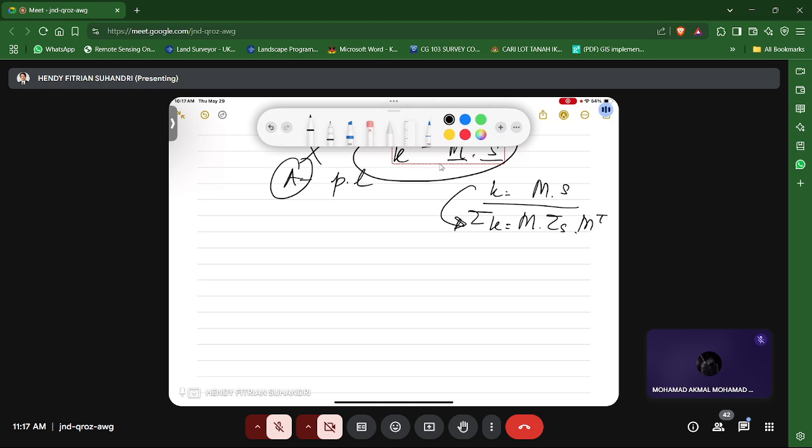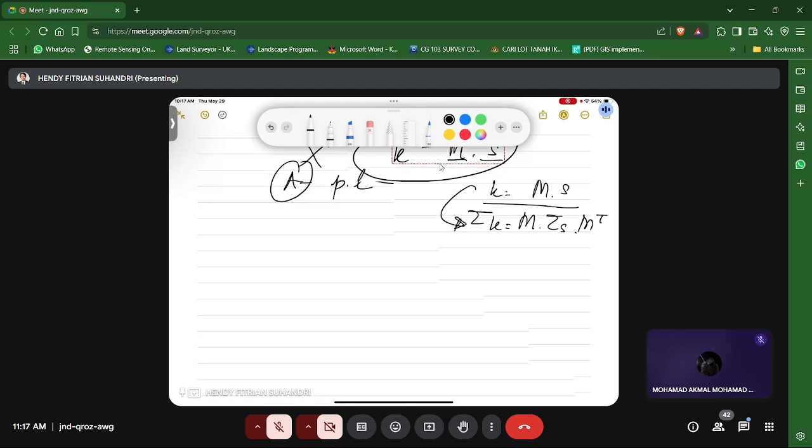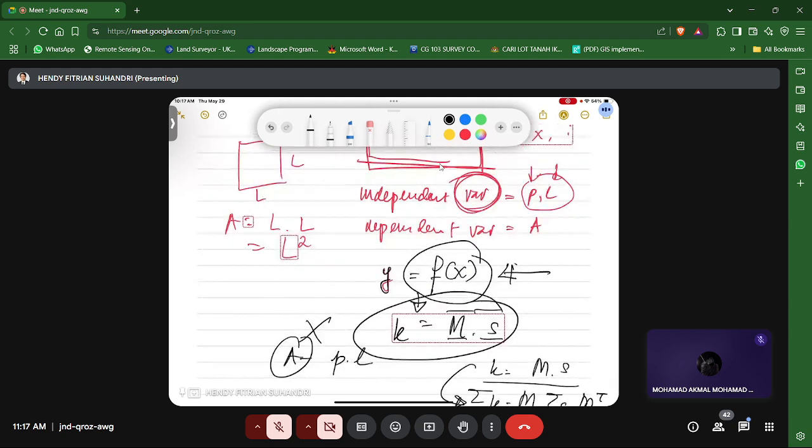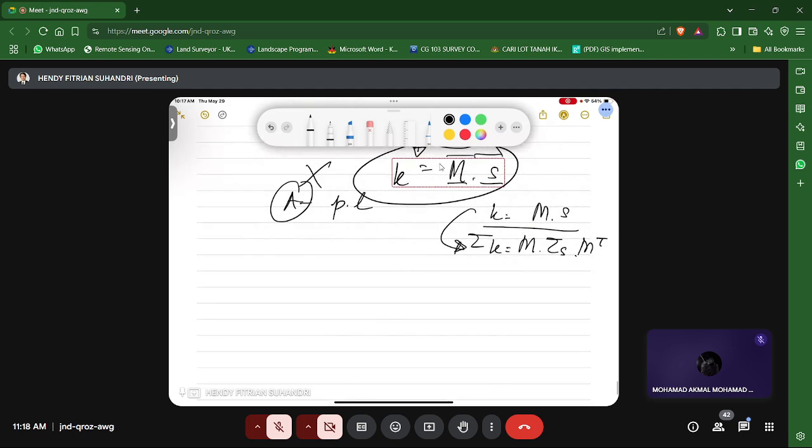If we have one independent variable, then it should be derived with respect to this one. If we have two independent variables, then we have to derive the equation with respect to each independent variable, and so on. Here, you know that our independent variables are P and L. So this dependent variable, the equation A, must be derived with respect to P and L.